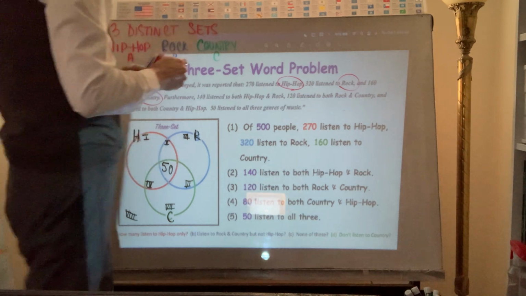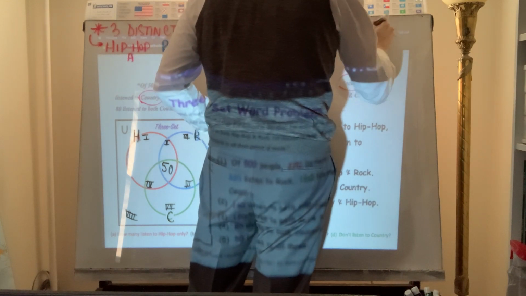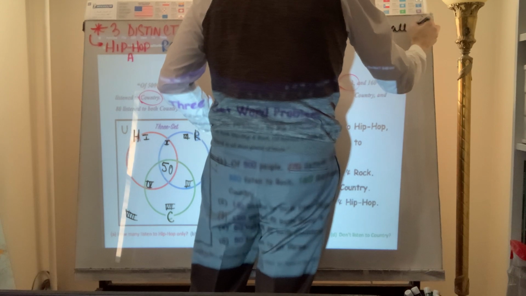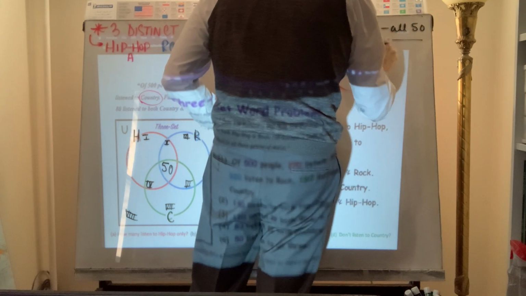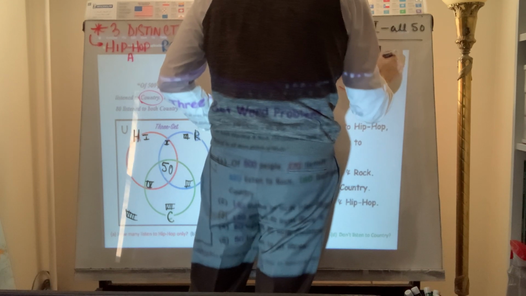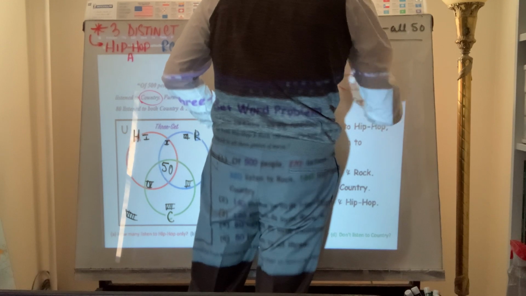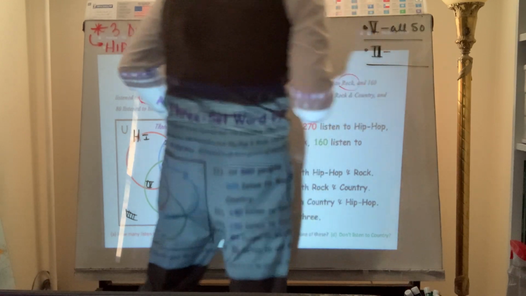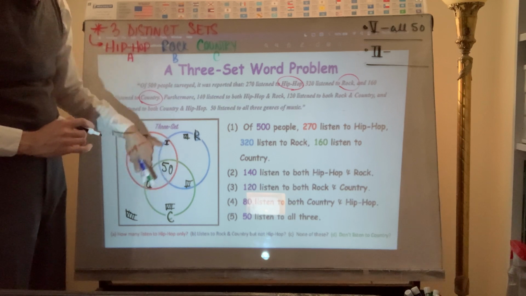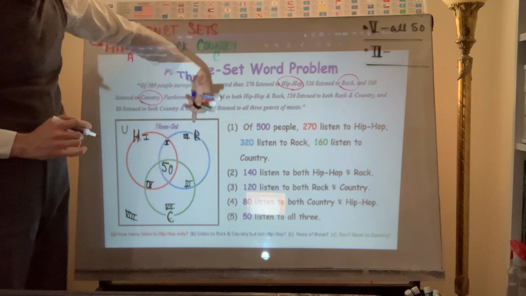All right. And if I put sort of a list here, all is 50. And now we're going to try to deduce what 2 is. What would be representing region 2? Region 2 is that much of the biscuit here that is exclusively hip hop and rock.